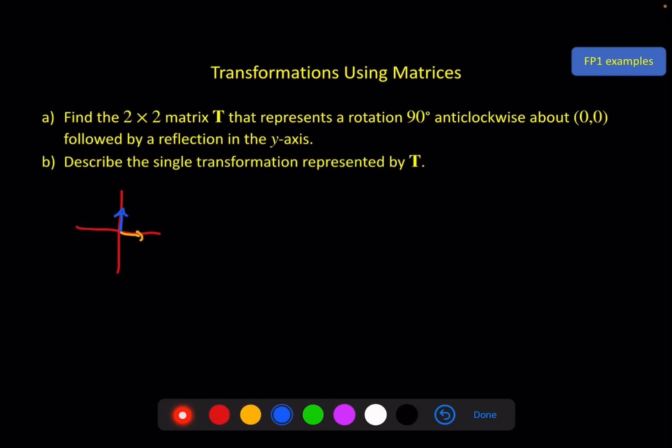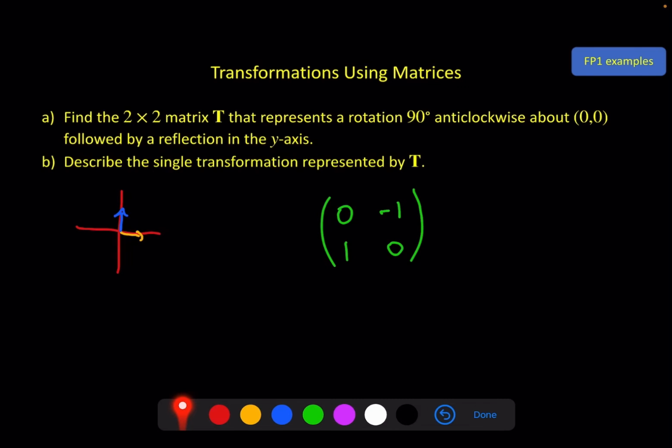If I want to rotate these anti-clockwise, if I want to change the yellow one so that it's here, that needs to be a 0, 1. And if I want to rotate the blue one so that it's here, that will become a -1, 0. Because it's 90 degrees, it's quite an easy number. When you put it into sine and cosine, you get these answers here.